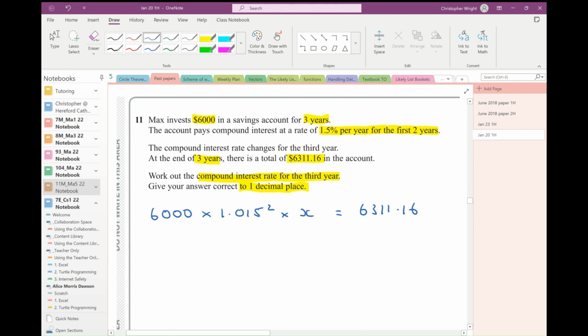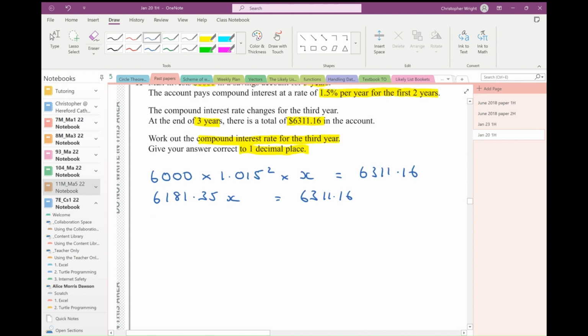So on the left-hand side, I've got 6,000 times 1.015 squared, which is 6181.35x equals $6,311.16. So I'm going to divide both sides by 6,181.35.